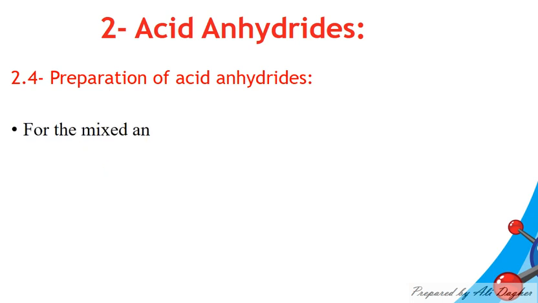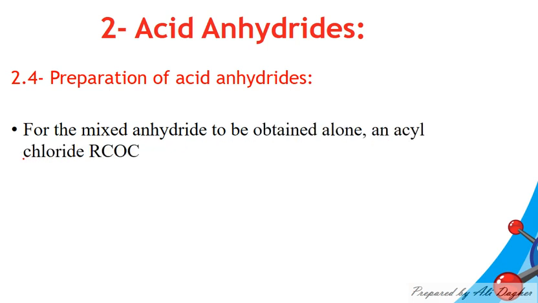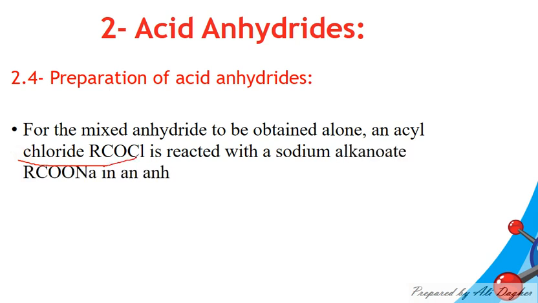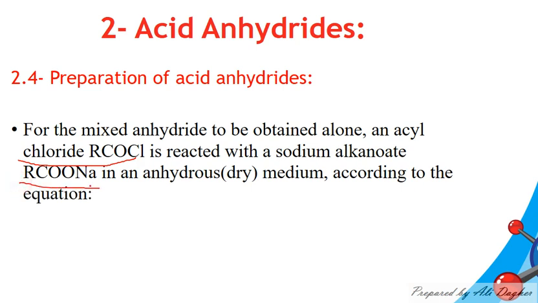Therefore, we make a reaction between the acyl chloride of the first acid, a derivative of the first acid, and the alkanoate of the second acid, R prime COO-Na, in anhydrous or dry medium, we will say why next.